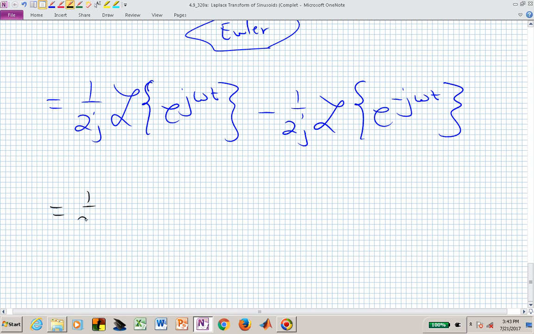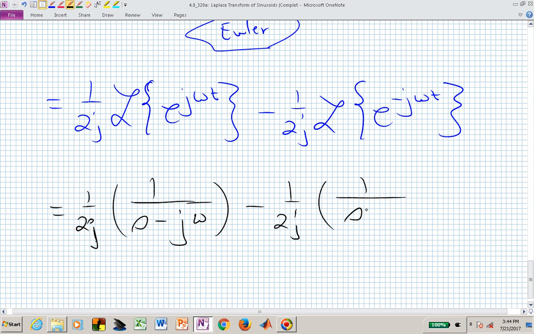And we now have 1 over 2j times 1 over s minus j omega. That's the Laplace transform of the first e to the j omega piece, minus 1 over 2j times the Laplace transform of e to the minus j omega t, which is 1 over s plus j omega.